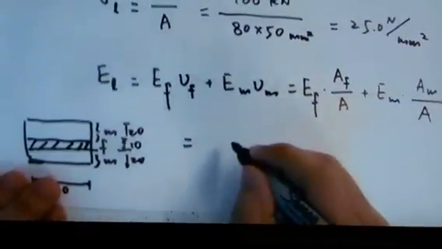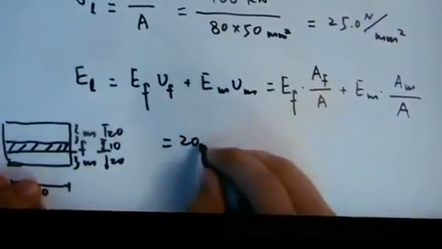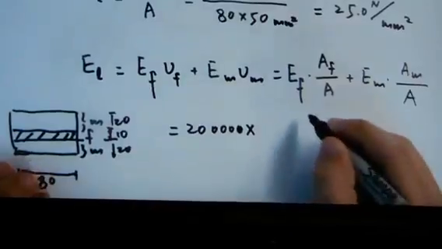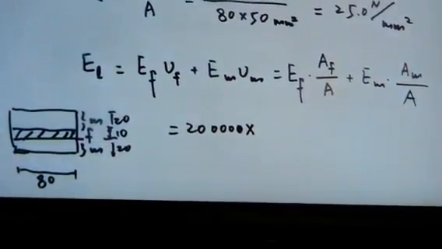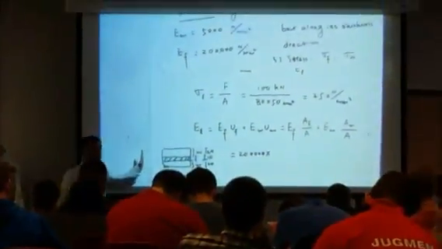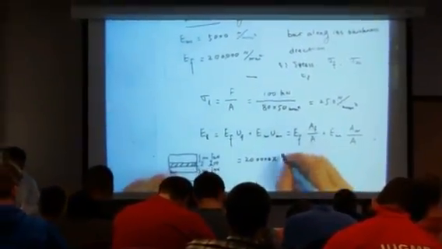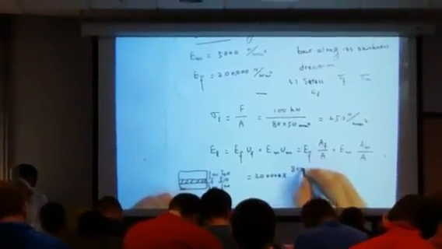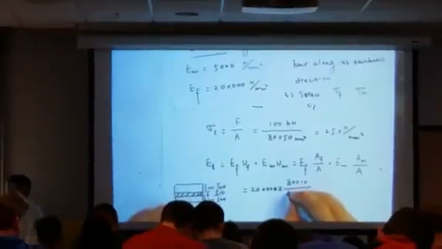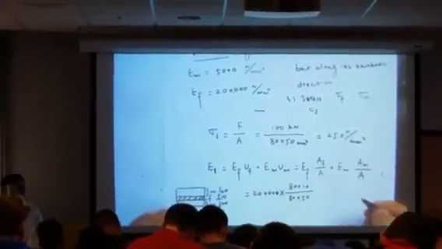And then E_F is equal to 200,000. A_F, area of this fiber, is width times height. Along this direction is the length direction. So that will be 80 times 10. And the total area of this cross section is 80 times 50. A is the area of this whole cross section.